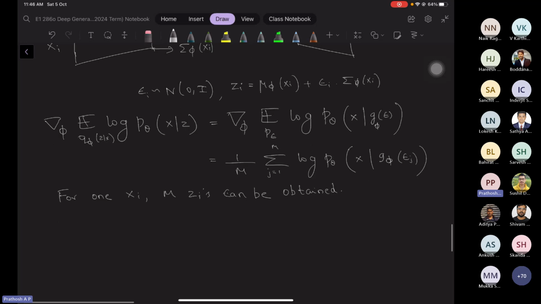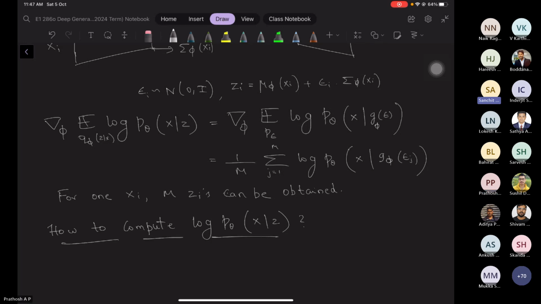So the next question is how to compute log of. Sir, here we are doing it in a probabilistic approach, right, for the encoder.